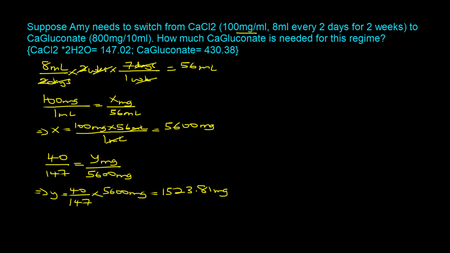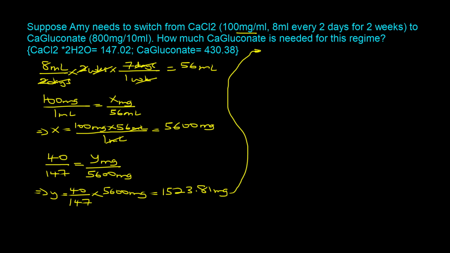Now, with this information, we can proceed to determine how much of the calcium gluconate we actually need for this regimen. And the way we will proceed is to start off with a ratio based off how much calcium is actually present in calcium gluconate. Now, the molecular weight of calcium gluconate is 430.38 and the molecular weight of calcium is 40.